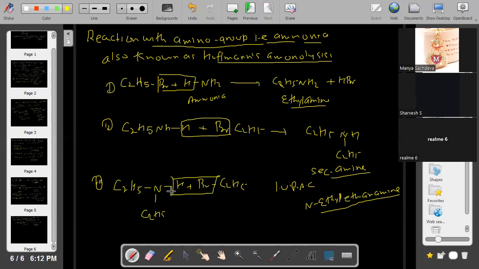HBr moves out again, then you will get the tertiary amine, that is R N R R. Here I have taken C2H5 as R. This will represent R to symbolize this.